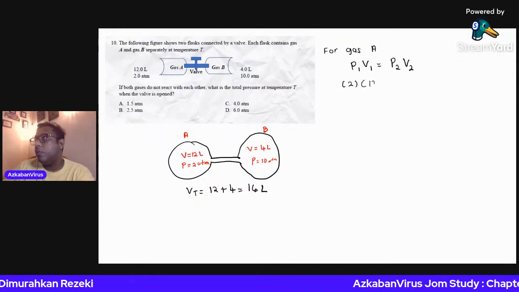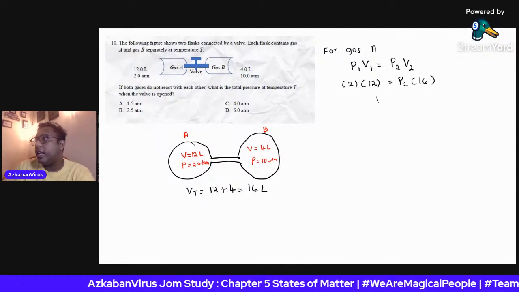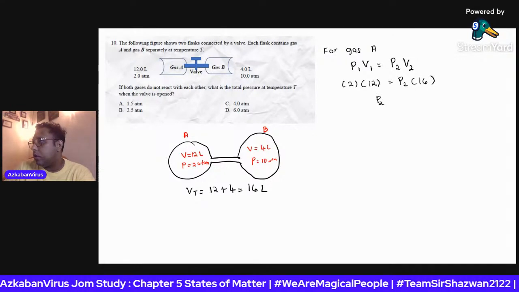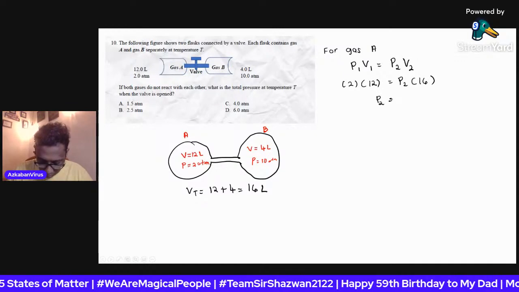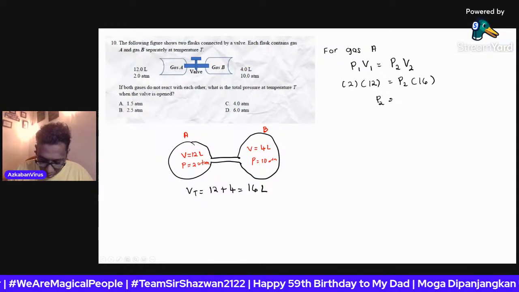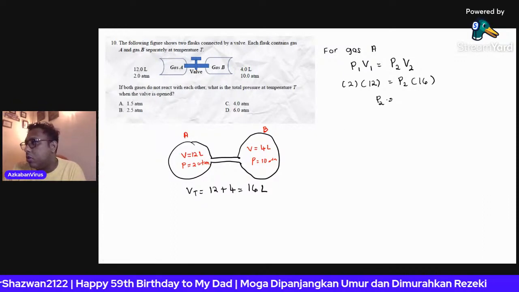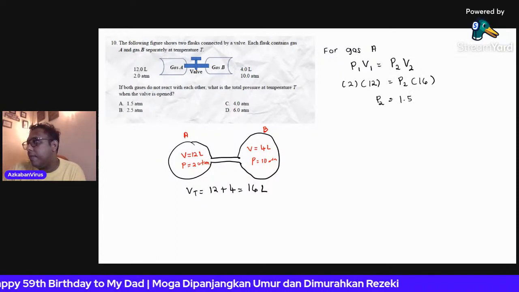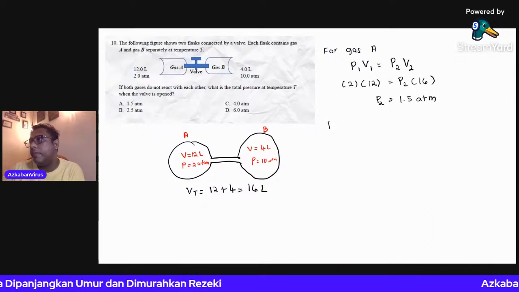V1 kita adalah 12 liter. P2 kita nak cari. V2 kita adalah 16 liter. So, kita akan dapat P2 is equal to 24 per 16, which is equal to 1.5 atm.